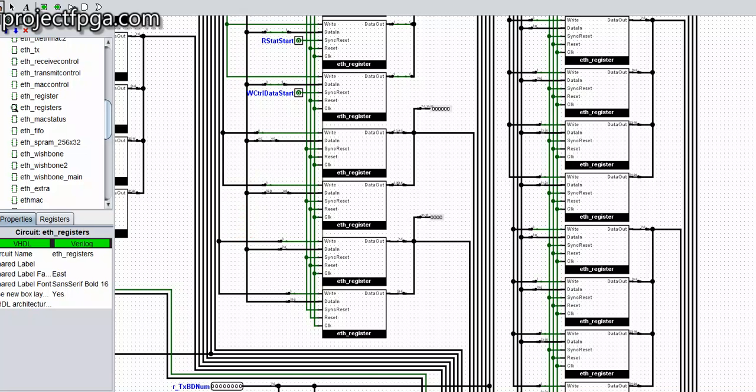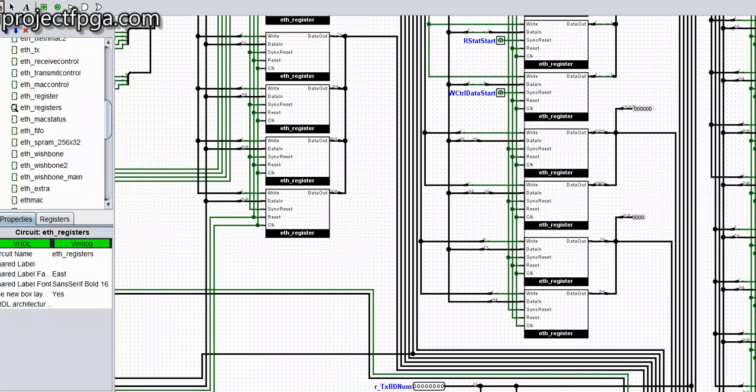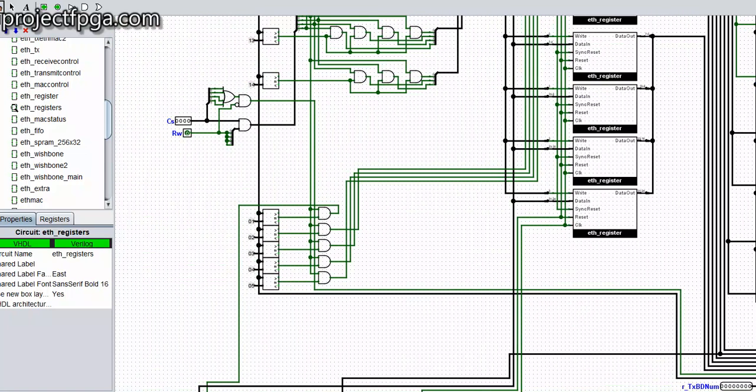So if you can trace which address each belongs to, and you know which chip select it is, you can either choose to read from it or write to it using what I already explained earlier. So this is how the register works.